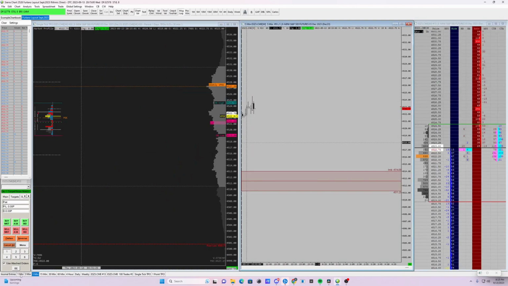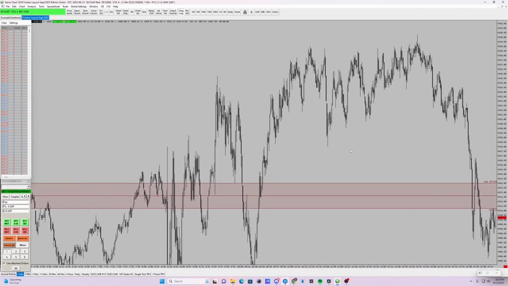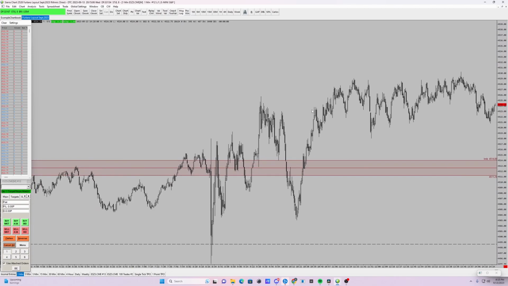We go into a 1-minute chart on today's action, and the open was here. We got up to 45.25.75 was the high. What was yesterday's time point of control? Let's just put a line here to make a reference.